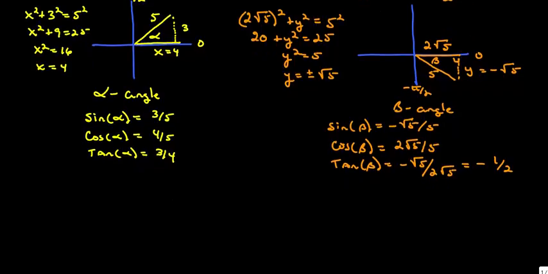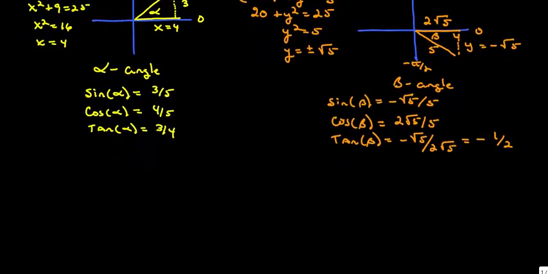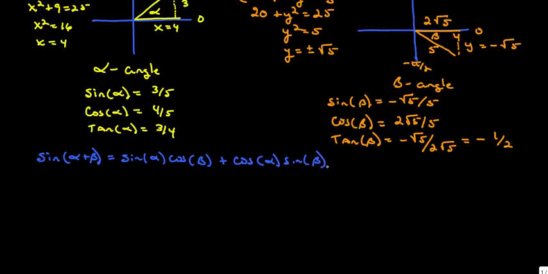So how are we going to use this? Well, the first question we're asked is, what is the sine of alpha plus beta? And we know that that's equal to the sine of alpha times the cosine of beta plus the cosine of alpha times the sine of beta.